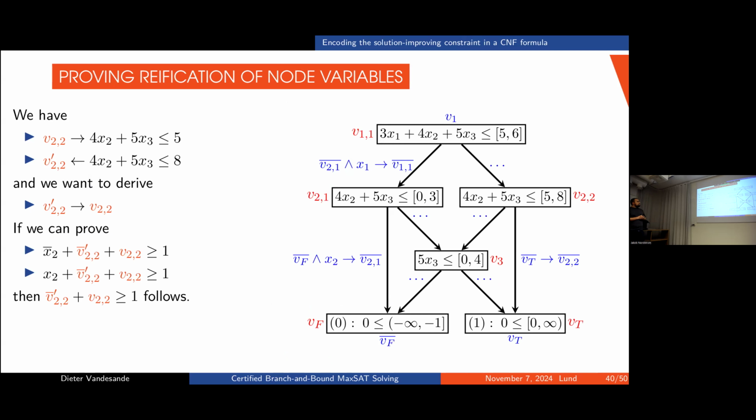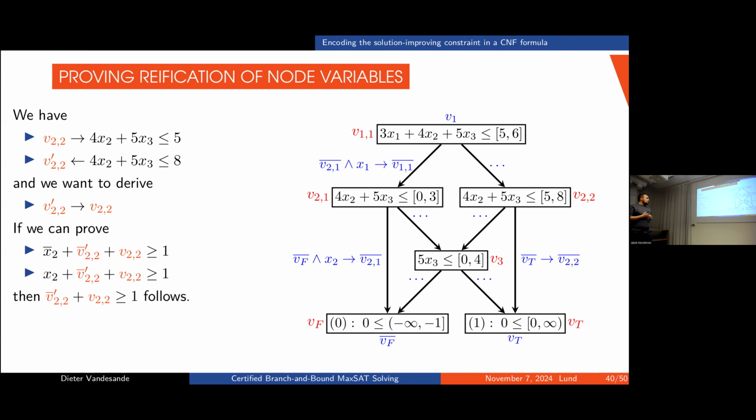Well, if I have the reification of my V and V prime, and I can prove that if x2 is true, then V prime implies V, and if x2 is false, then V prime implies V, well, then clearly I can also derive that V prime implies V, right?